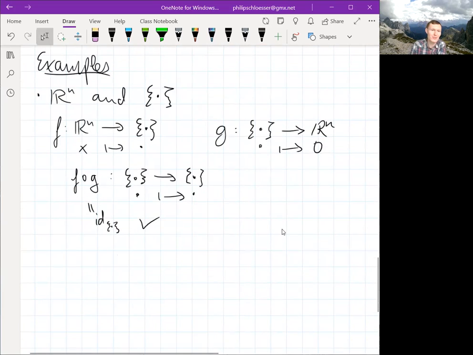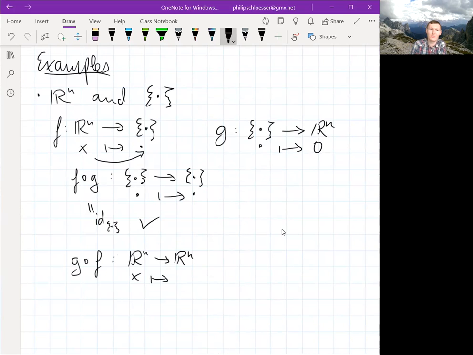The other way around is a bit more interesting, because what does it do? It maps R^n to R^n, and it maps every point in R^n first to the point and then back to 0. So it maps everything to 0.